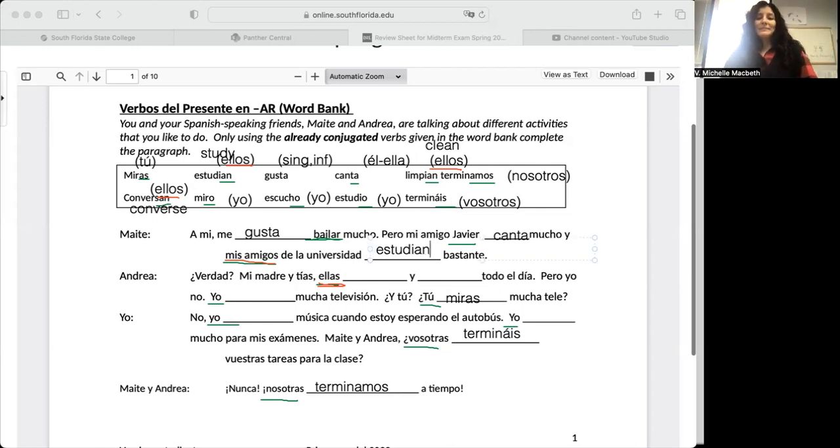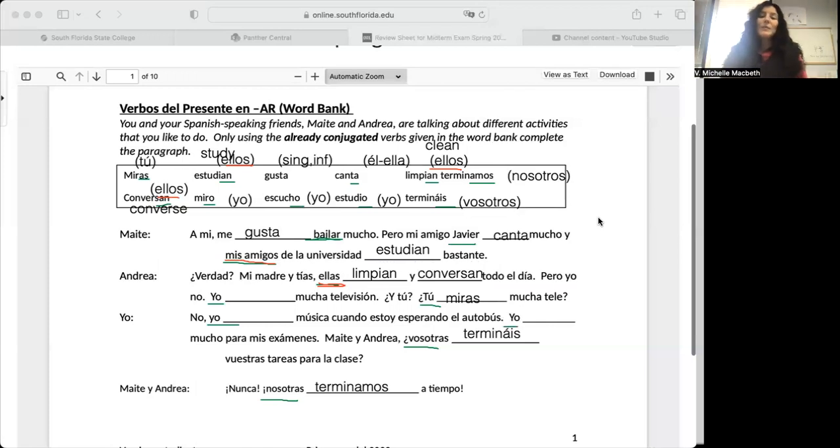So estudian, right? That means we only have 2 left. Where do they have to go by default? They have to go here, no? We don't have any other options, okay?